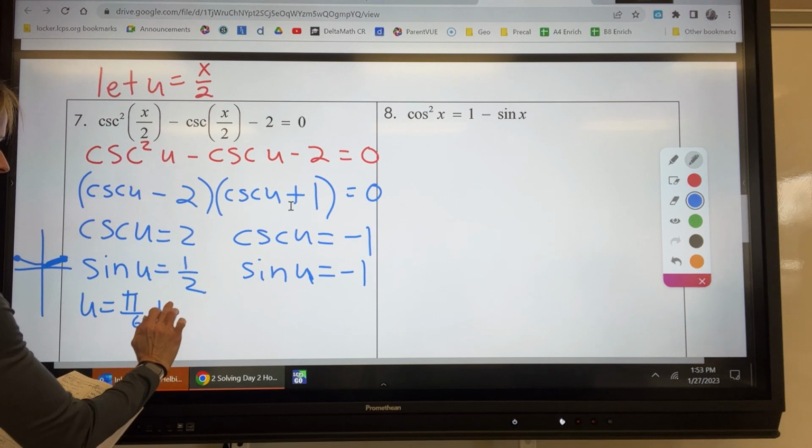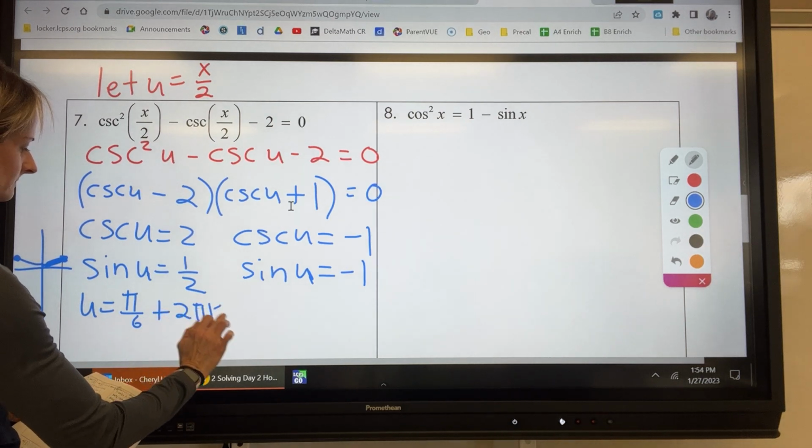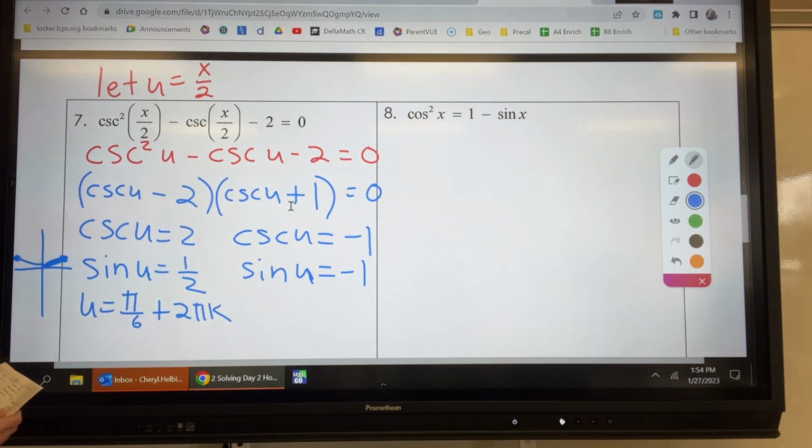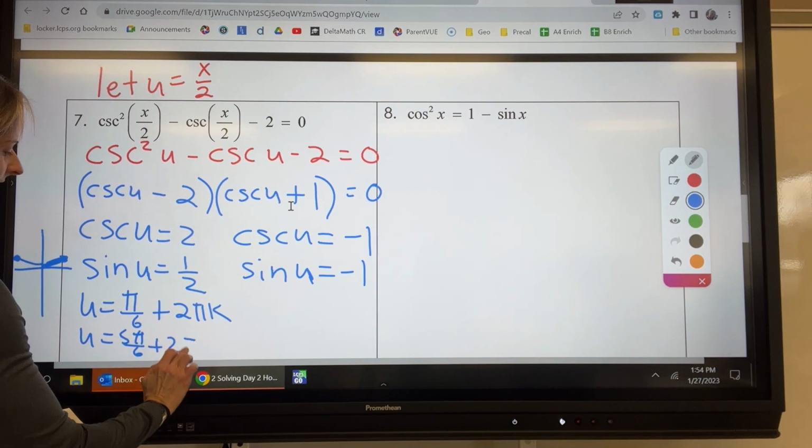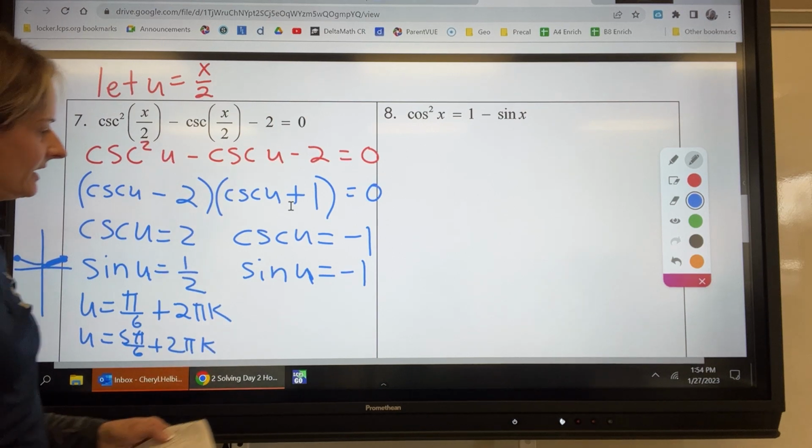I'm going to write this as plus 2 pi k. And then also u equals, and this is 5 pi over 6 plus 2 pi k. We'll get there in a minute.